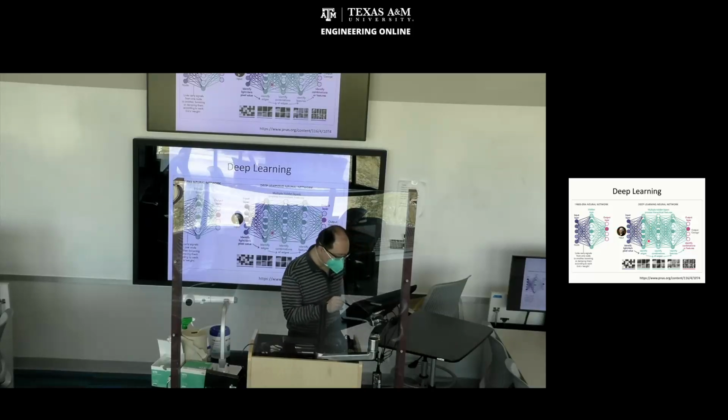At the beginning, it's just about each pixel and how light or dark it is, right? That's at the input layer. But the intermediate neurons are picking up different things, like edge detection or combination of edges or more sophisticated features like eyes and nose and so on, right?